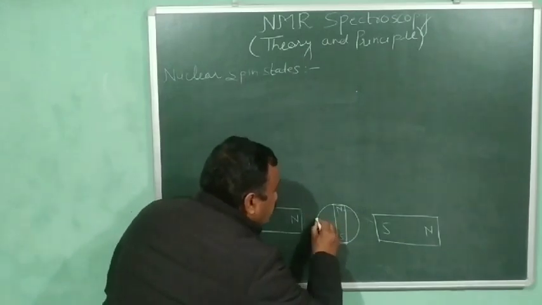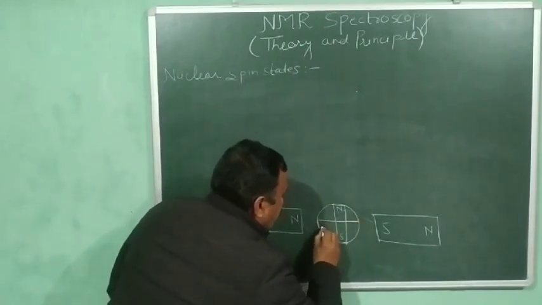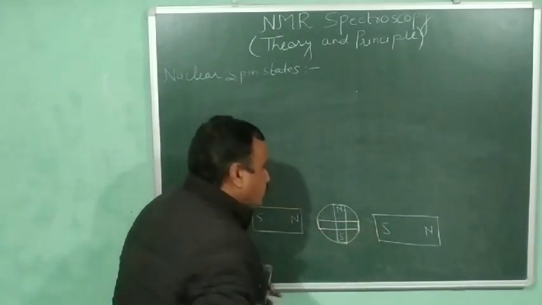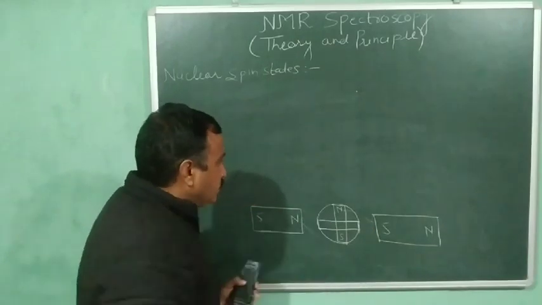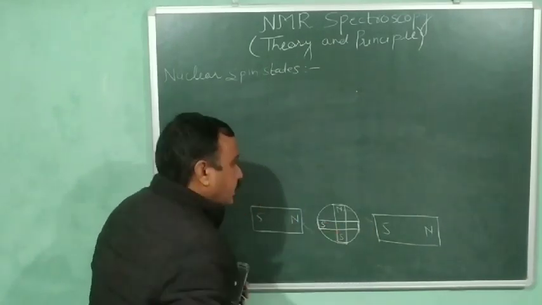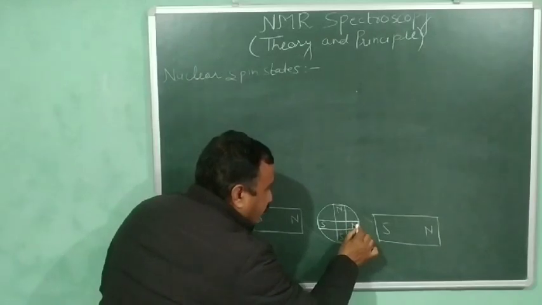Now this will be the direction of this proton magnet with south pole here and north pole here.